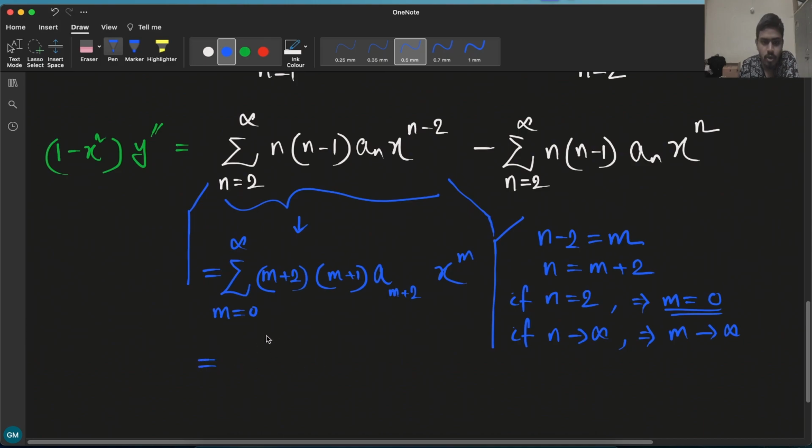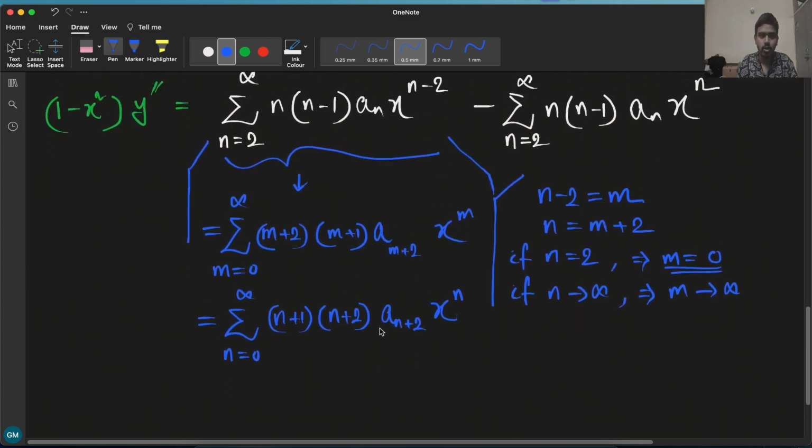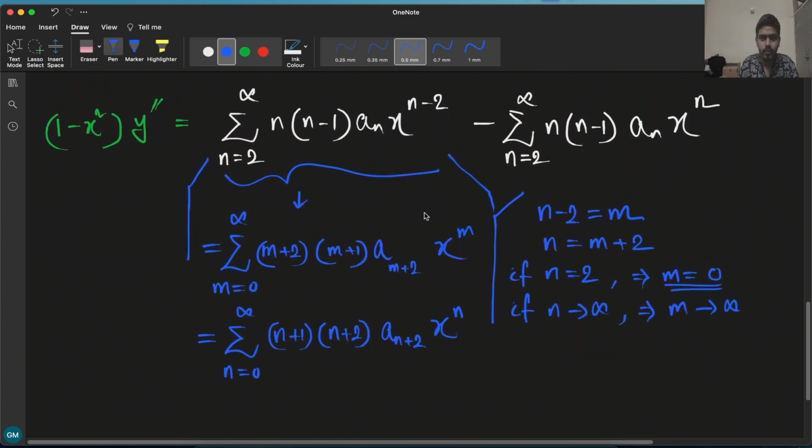Now m is a summation index, so I can just write it as n equals 0 to infinity; I just replace m by n. But this n is not the same as the earlier n. So it is (n plus 1)(n plus 2) a_(n plus 2) x to the power n.